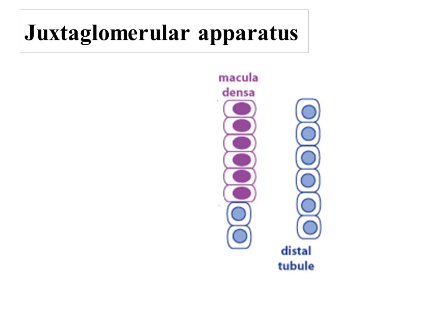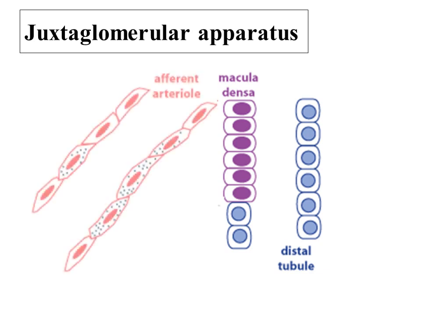The modified cells in the wall of the distal convoluted tubules are called macula densa, which come in close proximity to the juxtaglomerular cells.